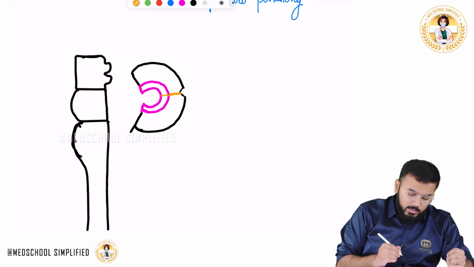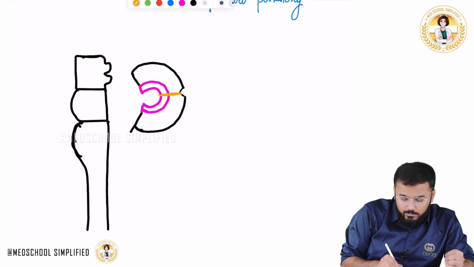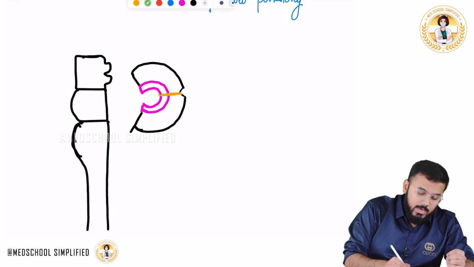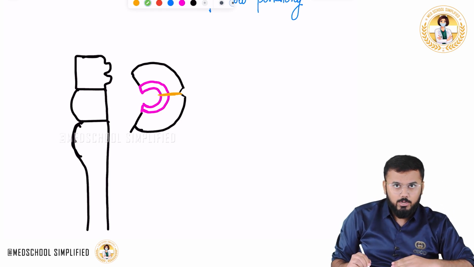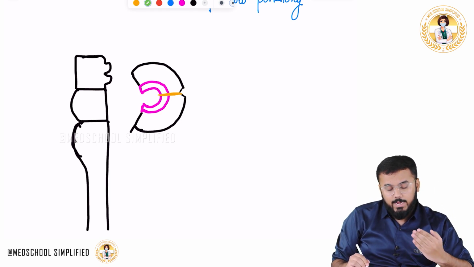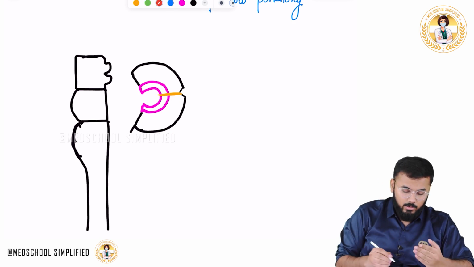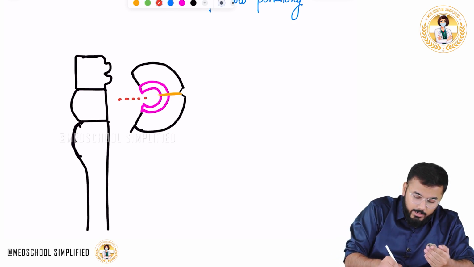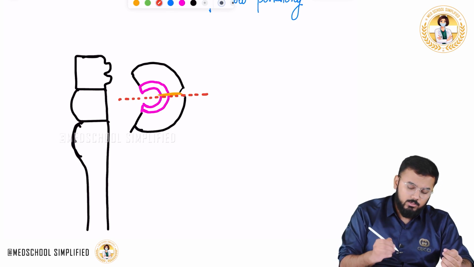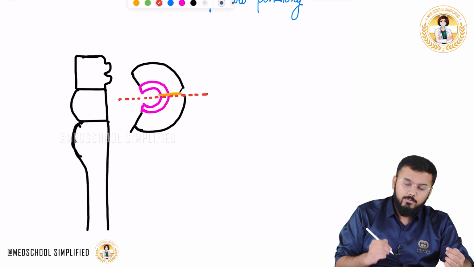Now look here very carefully. The important thing is that this horizontal fissure, or notch, is dividing the entire cerebellum into an upper half and a lower half. For example, if I draw a dotted line touching the horizontal fissure like this, you see the horizontal fissure dividing it into upper half and lower half.